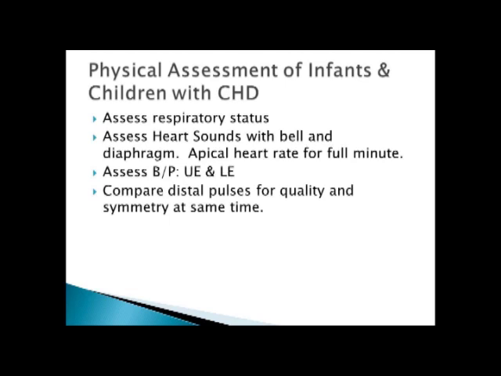Because some congenital heart defects affect upper and lower blood pressure differences, you would want to make sure you do a baseline upper extremity and lower extremity blood pressure, particularly if you hear the word coarctation of the aorta. That's a particular defect where you would need upper and lower extremity blood pressures.